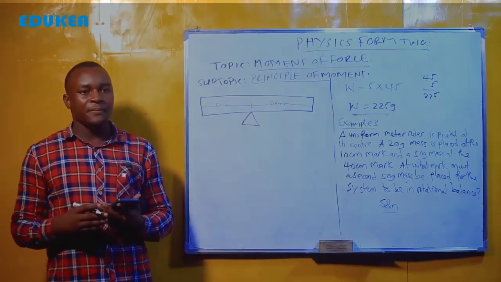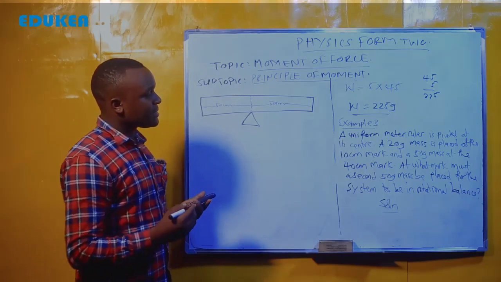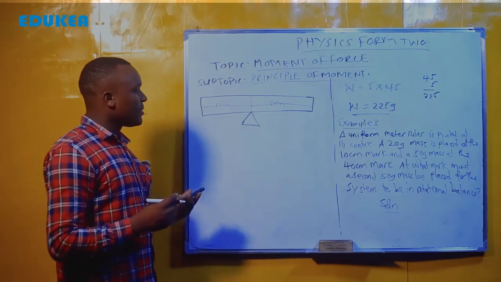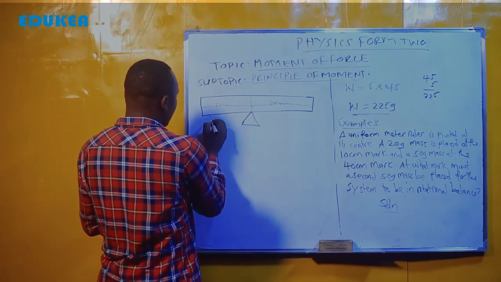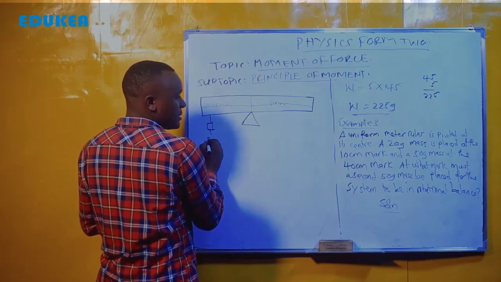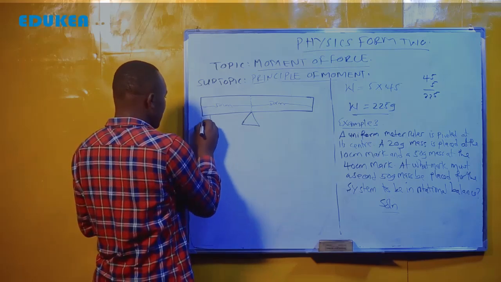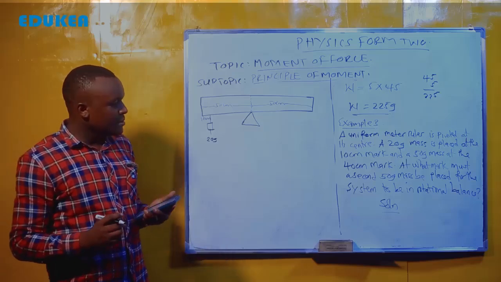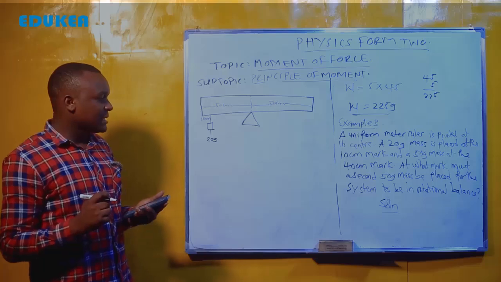After that, I say that a 20 gram mass is placed at 10 centimeter. So from here up to here, assume it is 20 gram, and the distance is 10 centimeter. Also, a 50 gram mass at 40 centimeter. So you count from here up to here, you get 40.